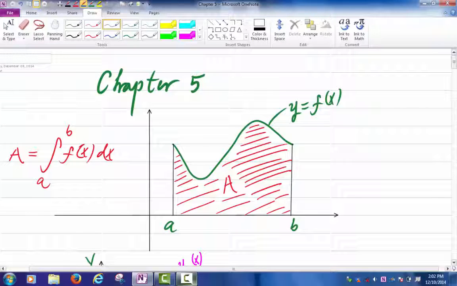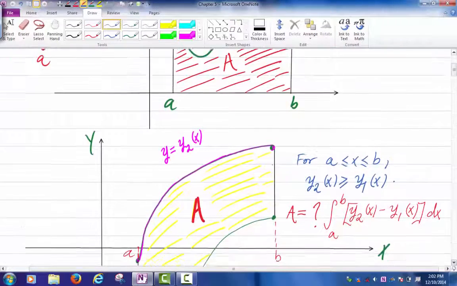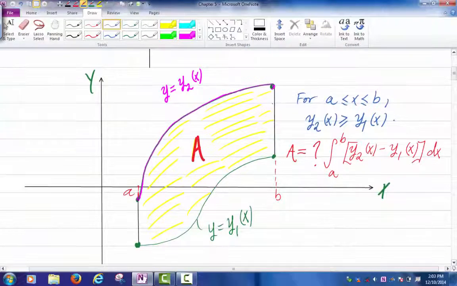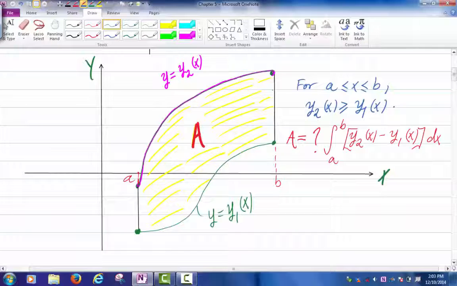Now, today we want to learn how to find areas of more general regions. So this is the region that I want to look at today.